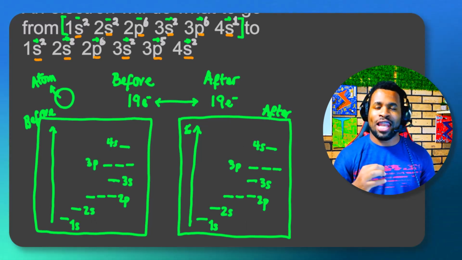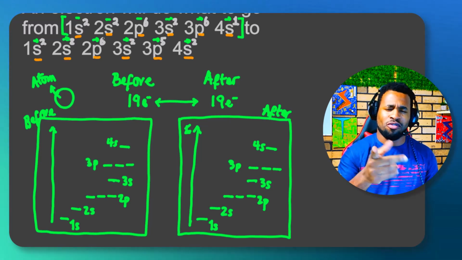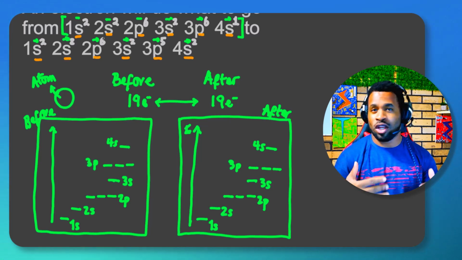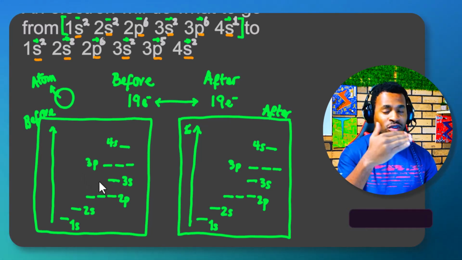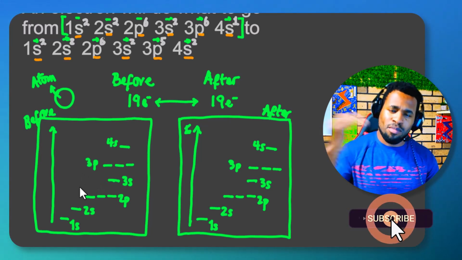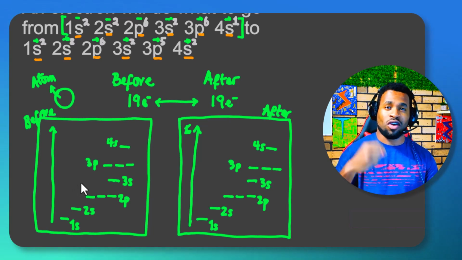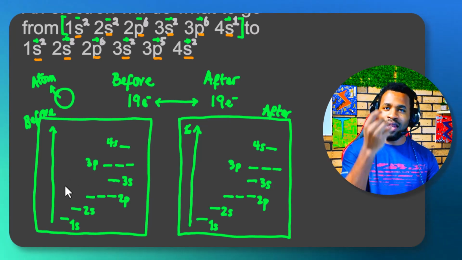Now the next part is distributing the electrons, and here we're going to focus on two principles. The first is Hund's rule, which says that when you get to a particular stage you have to distribute the electrons evenly. The other is the Pauli exclusion principle, which says that for each orbital we should add opposite spin pairing.